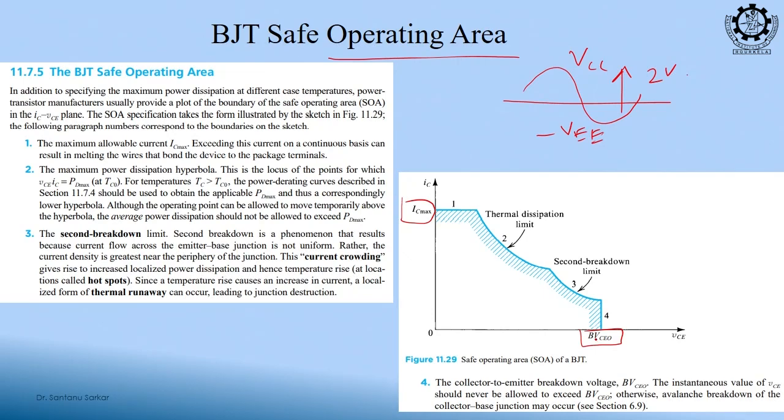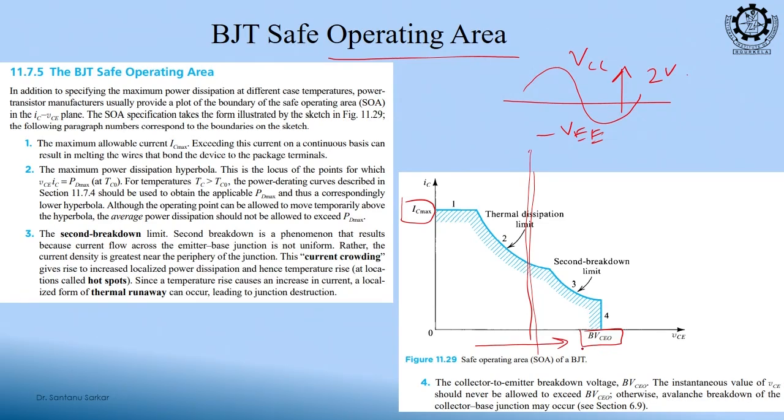So, this breakdown voltage you should choose as large as possible, so that your working region falls in the safe region. So, what is the definition of this breakdown voltage? That you should use below that voltage. So, this collector to emitter potential during open circuit should not go beyond this voltage.